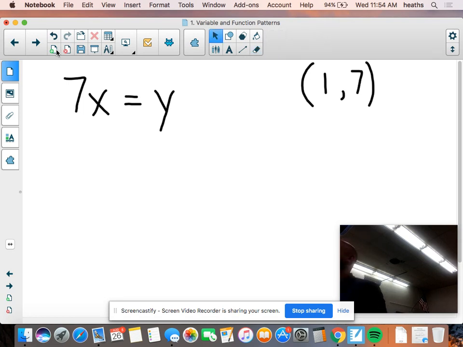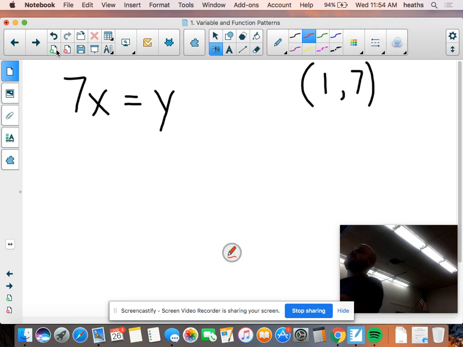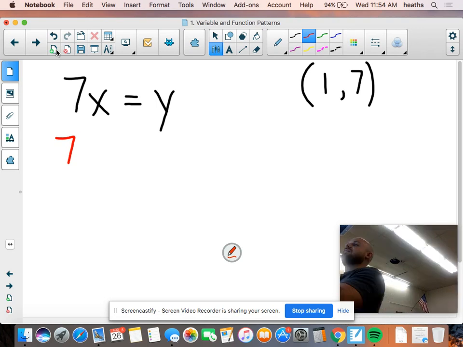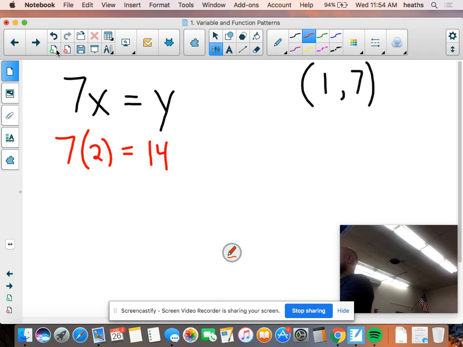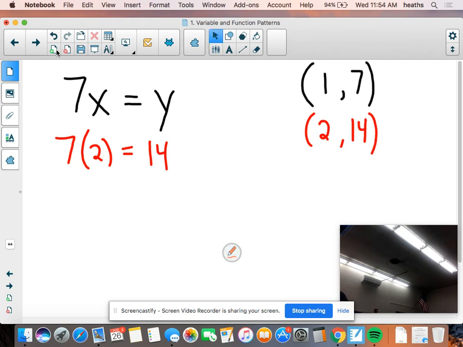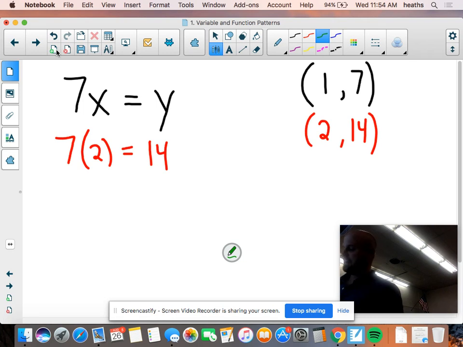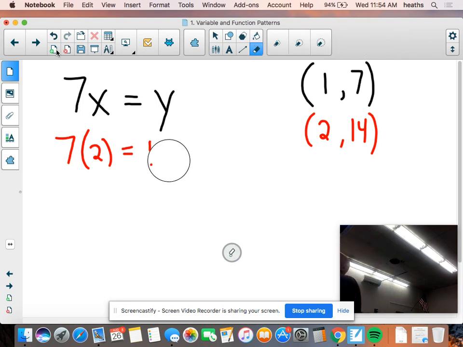Let's do, in red, let's do another one. So let's say you work 2 hours. 7 times 2 is 14. So if I work 2 hours, I make $14. I'm going to switch over to green and do another one.